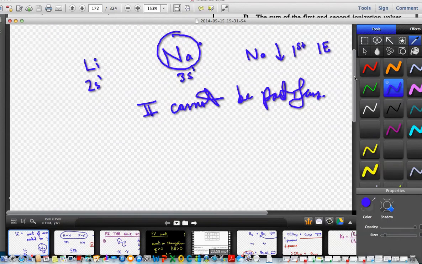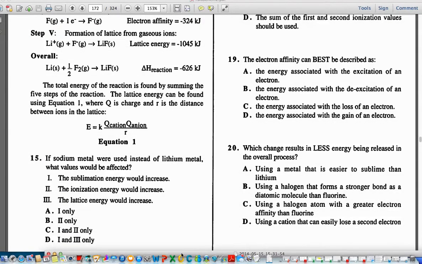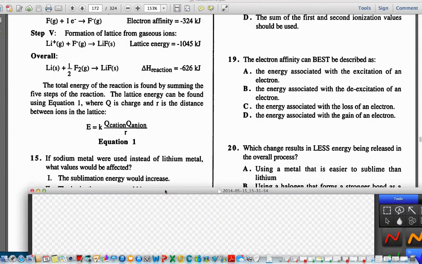And so let's look at what our answer choices are at this point for A, B, C, and D. 1 only, 2 only, 1 and 2, 1 and 3.